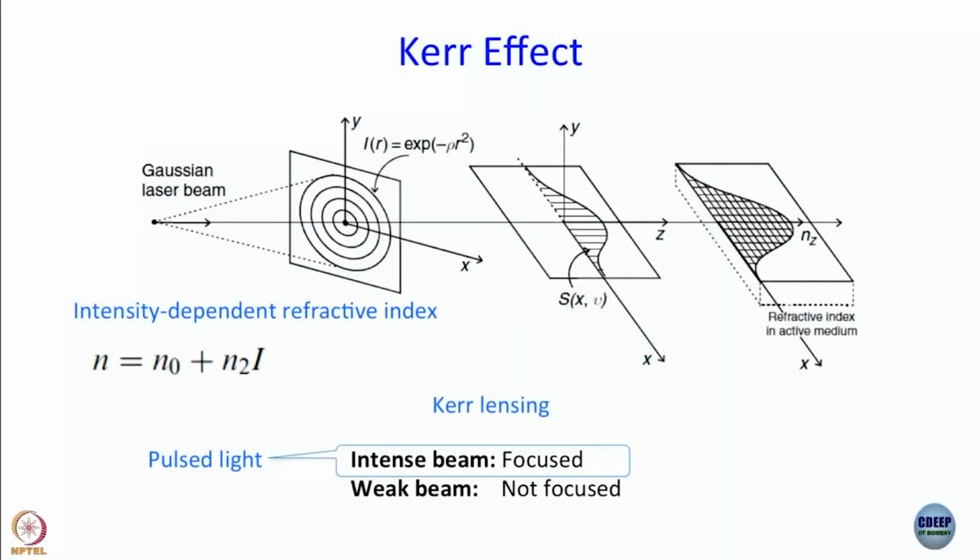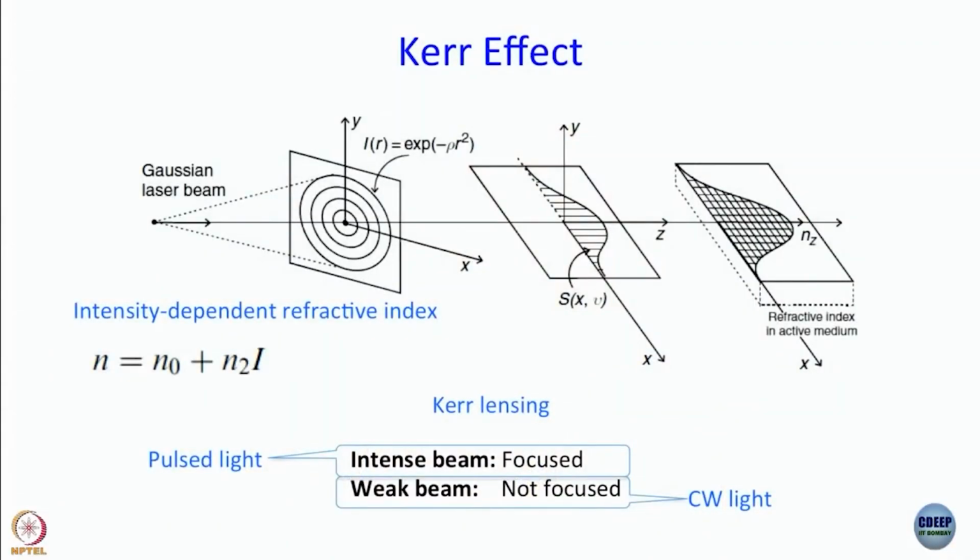So, what we have said is pulse light gives you an intense beam. So, in a mixture of pulse light and continuous wave light of the same wavelength range going through a medium, what will happen? The pulse light will get focused and the CW part will not get focused, right.